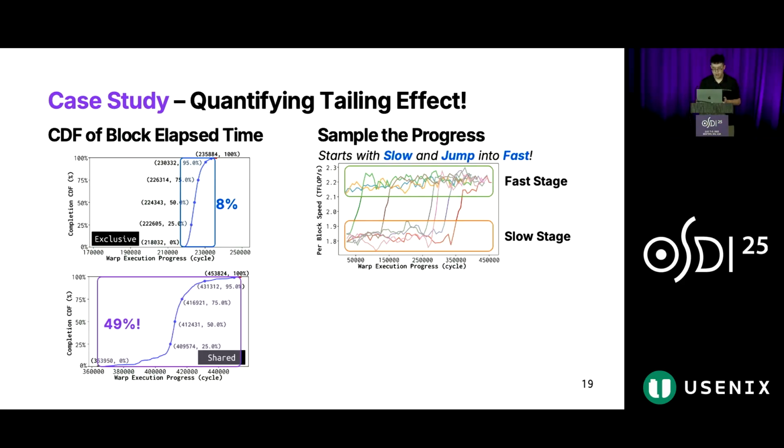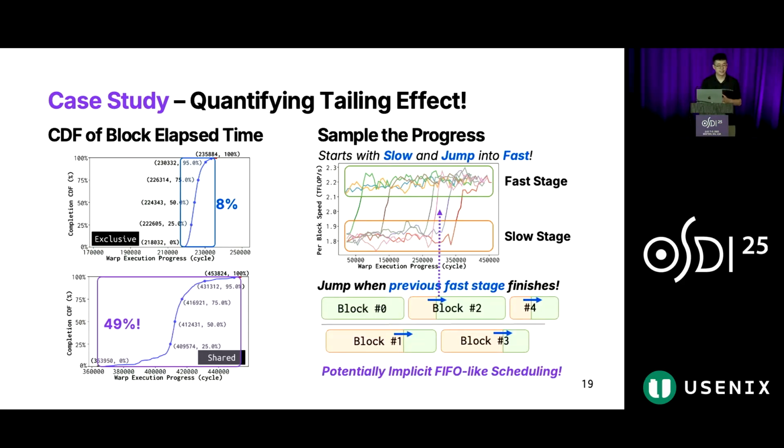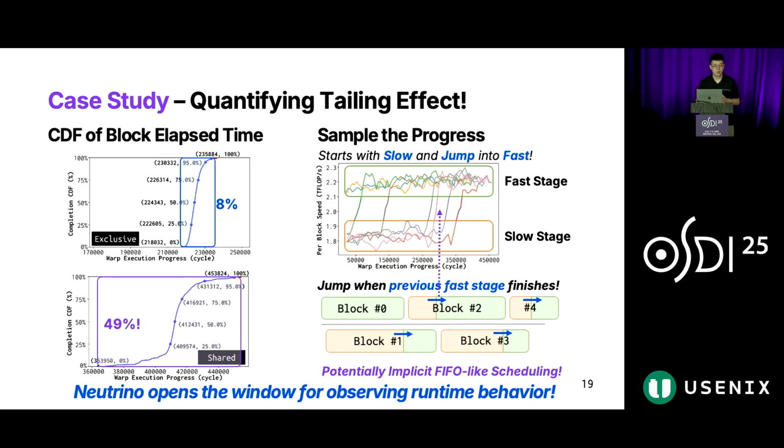And even more, we can align the blocks scheduled on the same SM, and we can find that the jumping point from the slow stage to the fast stage is exactly when the previous block in the fast stage terminates. This pinpoints a potential implicit FIFO-like prioritized scheduling in the GPU instructions. And it showcases how Neutrino opens a window for observing the runtime behavior of the GPU kernel, a well-known black box.